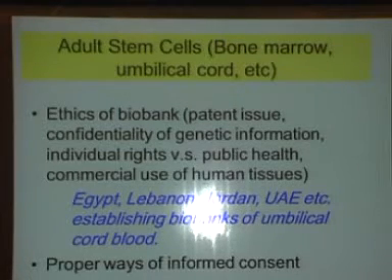So now I will talk very briefly about adult stem cells, bone marrow, umbilical cord, and the ethical problems of this research. Actually, there are a lot of countries in the Arab states, like Egypt, Lebanon, Jordan, and the United Arab Emirates, that have been establishing biobanks of umbilical cord blood, but many of them do not have proper regulation yet.